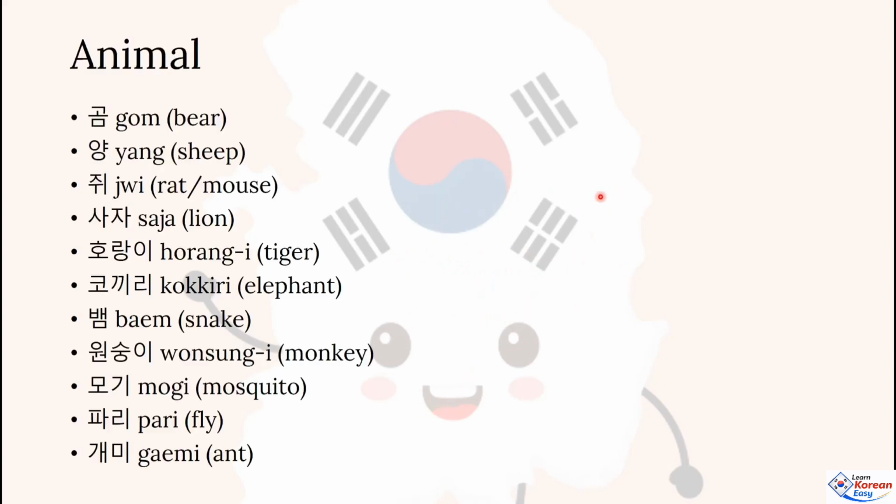Good. Okay, so let us review. 곰, bear, 양, sheep, 쥐, rat or mouse, 사자, lion, 호랑이, tiger, 코끼리, elephant, 뱀, snake, 원숭이, monkey. 모기, mosquito. 파리, fly.